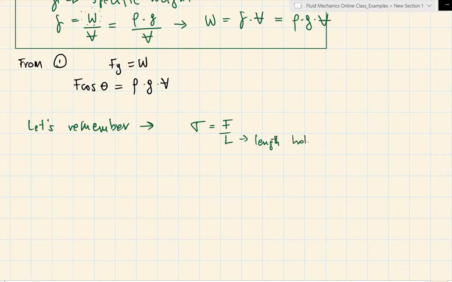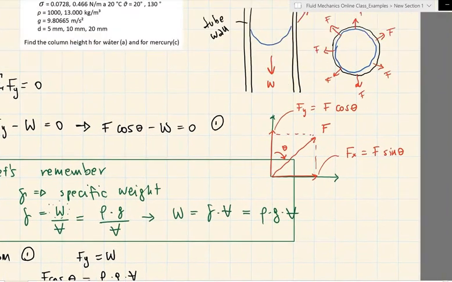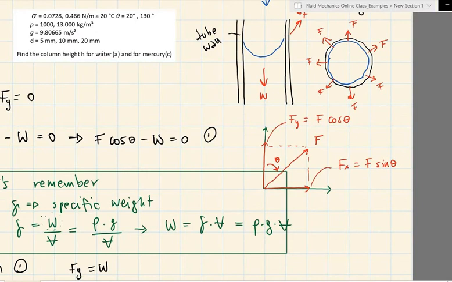This length would be the length in which the force is distributed and holding this liquid interface, or the liquid film. As you can see here, this is the circumference, and this is the force distributed on that length.